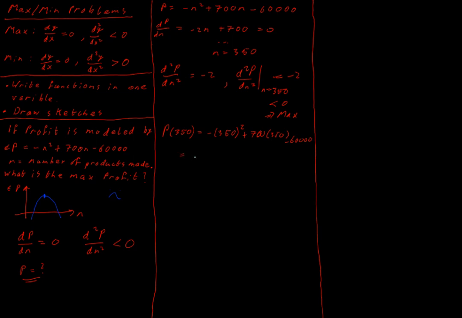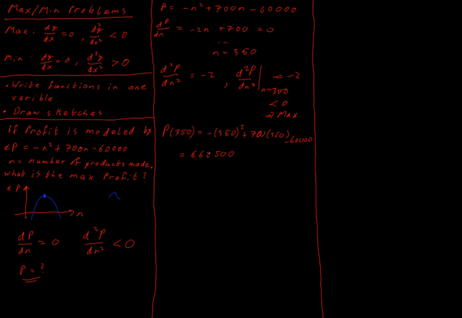When I put that in my calculator, I get 62,500. So when I make my 350 products, I am maximizing my profit, and now I've subbed that into my profit formula to find out what my maximum profit would be.